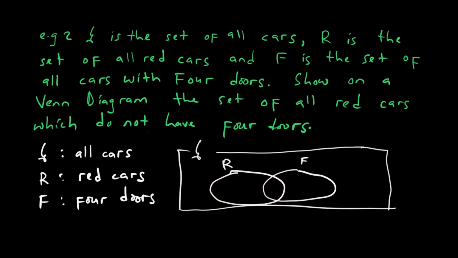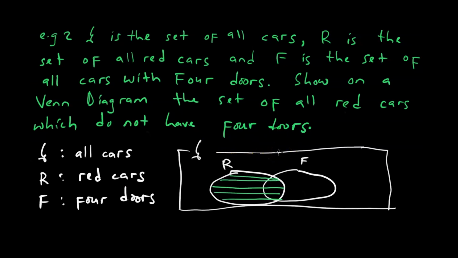Maybe for the sake of clarity, let me use a different color. So we have shaded the set of what? All red cars. Like this. Then we have shaded the set of all red cars. What we have to shade next is, as the question says, all red cars which do not have 4 doors.